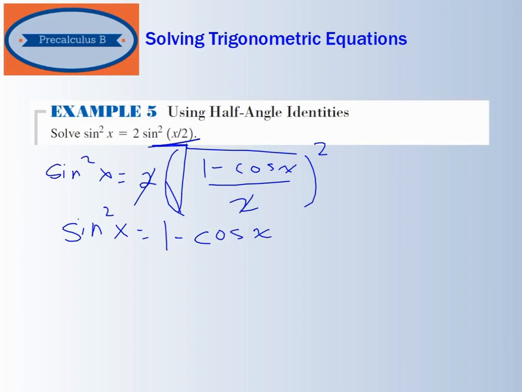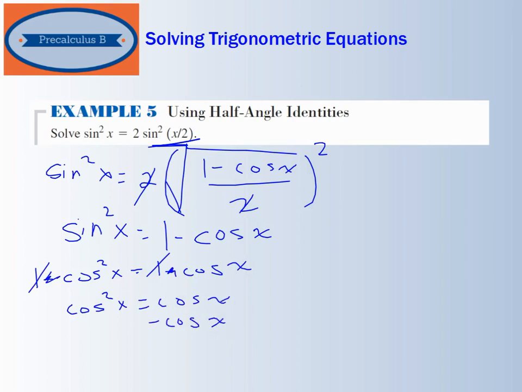We can rewrite sine squared as 1 minus cosine squared. So we have 1 minus cosine squared x equals 1 minus cosine x. If I subtract 1 from both sides, that'll cancel. I can divide by -1, the negative signs cancel, and I'm left with, when does cosine squared x equal cosine x? And the way we solve this algebraically is we subtract cosine x from both sides. So we end up with cosine squared minus cosine equals 0.